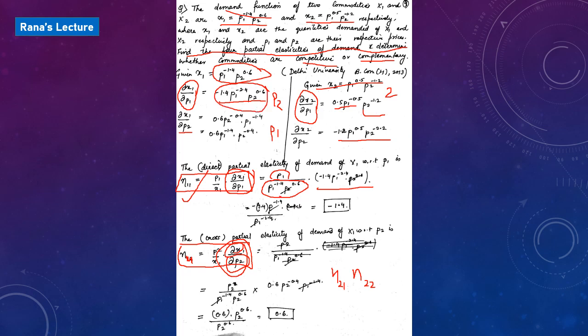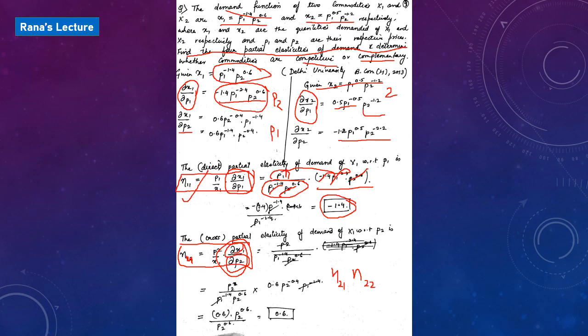Now you see this and this get cancelled. Now p to the power 1, and this power will get added, so this becomes p1 to the power minus 1.4. This also gets cancelled, this gets cancelled, and what remains is minus 1.4.